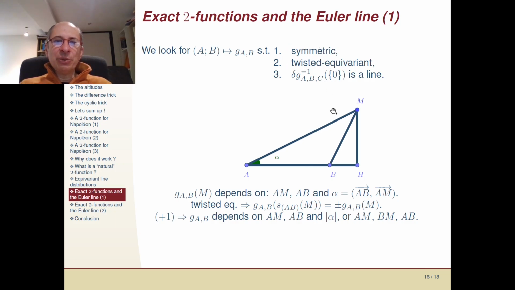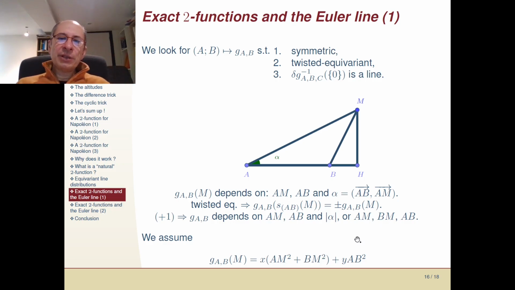But since it has to be symmetric, AM and BM must enter the definition of GAB in the same way. So we will assume a general form for GAB which satisfies all these requirements, and it will be: GAB of M is given by some homogeneous second degree polynomial on AM, BM, and AB, which is symmetrical in AM and BM.